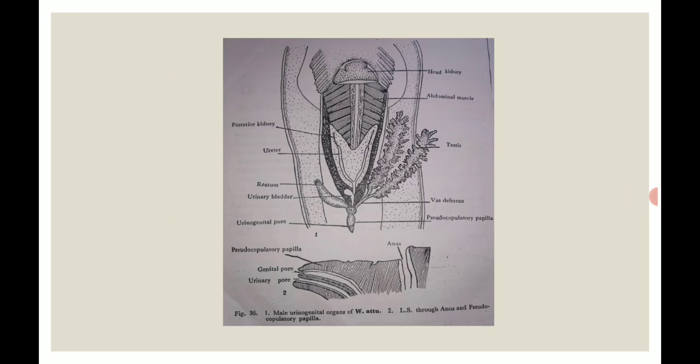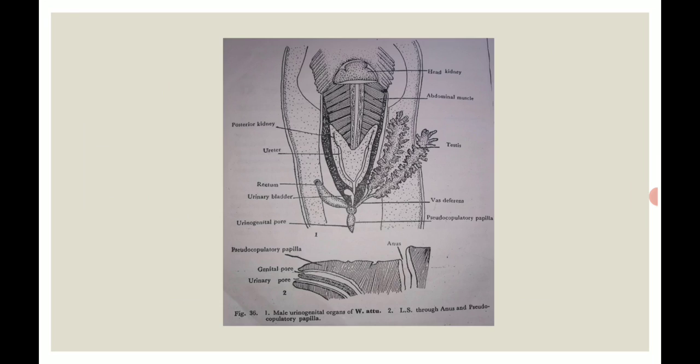Below them the vasa deferentia are present, then the pseudocopulatory papillae. The opening of the male reproductive organ is called the urinogenital pore. Below the posterior kidney the ureter as well as the rectum are present, and below the rectum the urinary bladder is present.